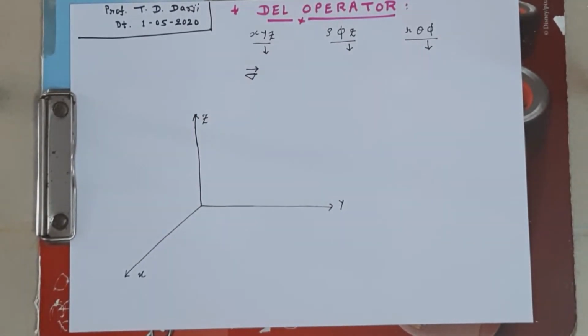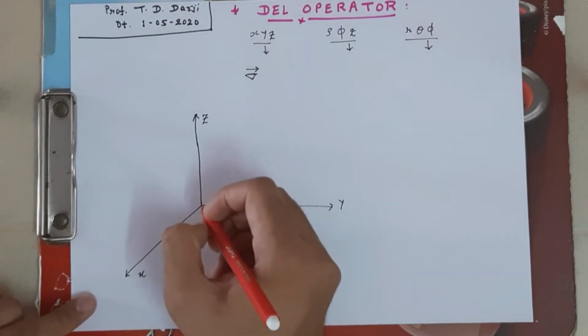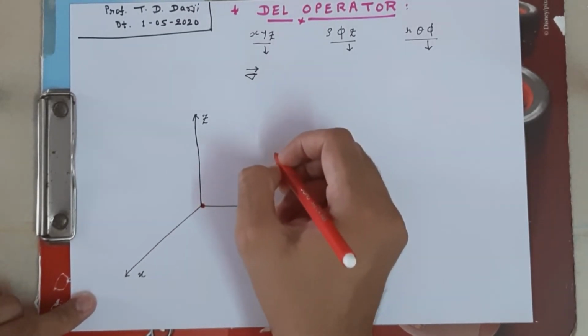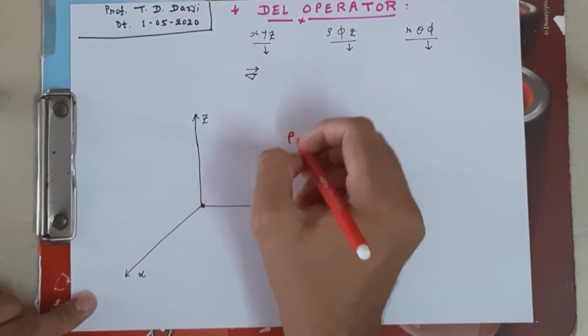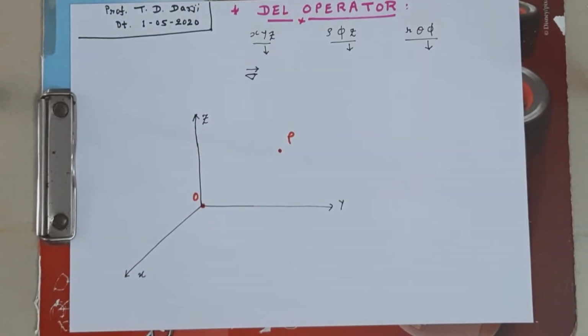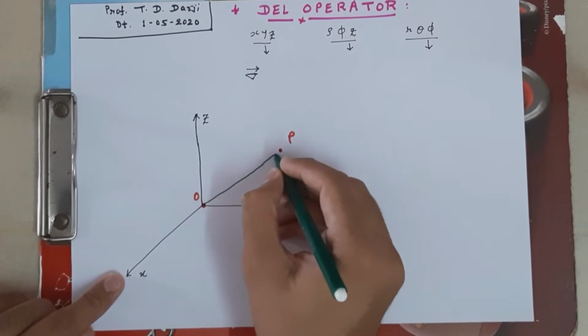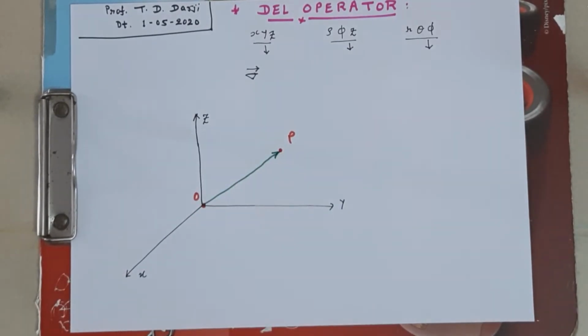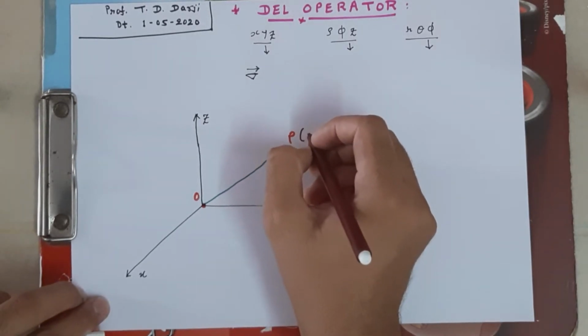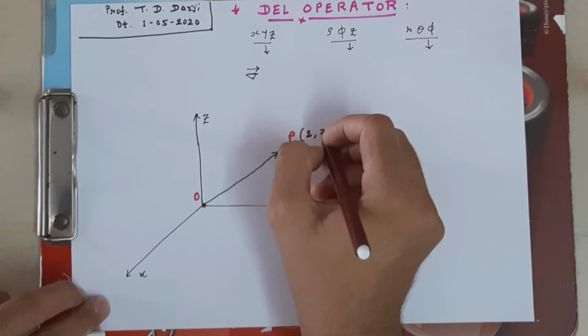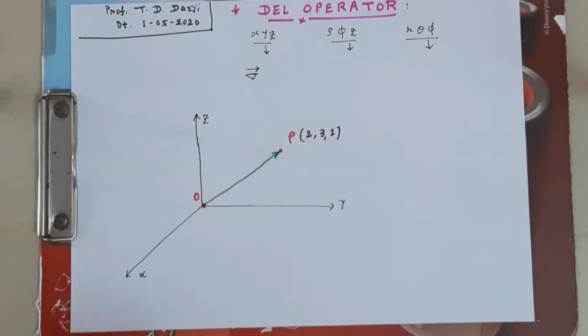Now suppose I draw one vector which is pointing from the origin to point P, so from O to P. This is my vector pointing from O to P, and I write the coordinates of point P. For example, the coordinates of point P are 2, 3 and 1.